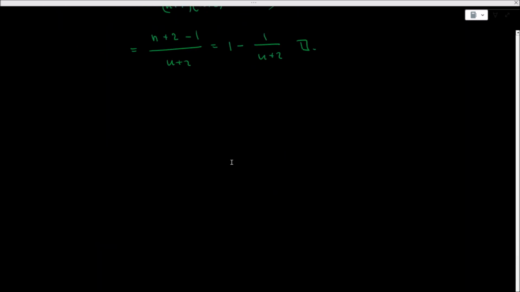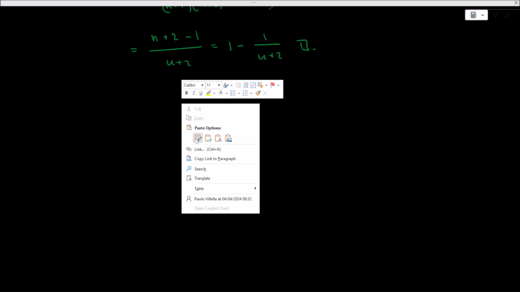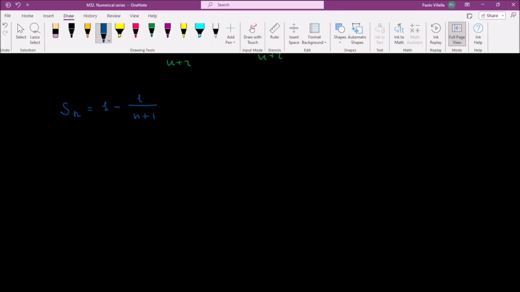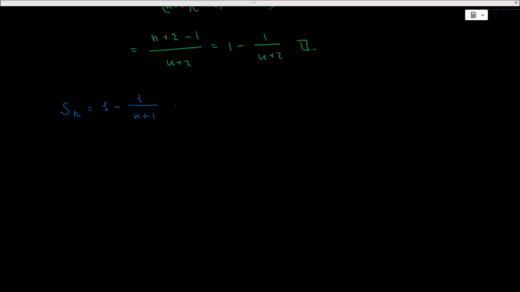Okay, so we can just write that the sum, we notice that for n that goes to infinity, this goes to 1, so we can conclude that the sum n goes from 1 to infinity of 1 divided by n squared plus n, which is, if you like, the sum n goes from 1 to infinity of 1 divided by n times n plus 1, is just equal to 1.